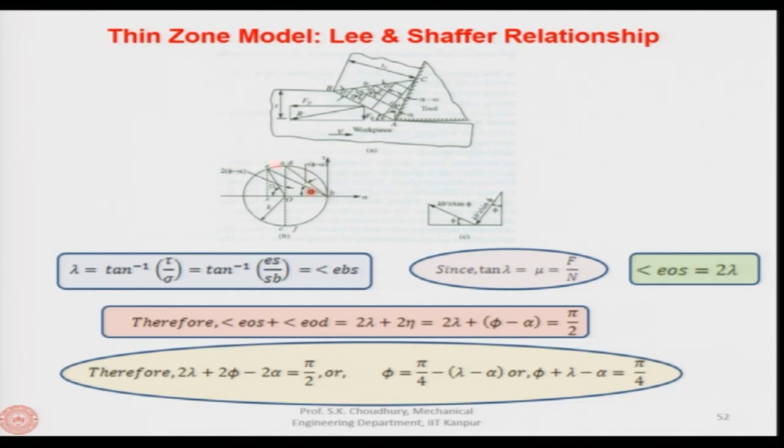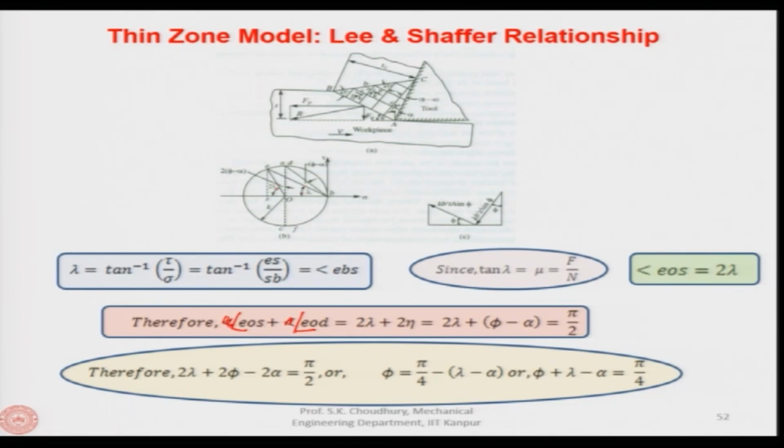From this you can find that this value is equal to ES divided by S into B. This is related to the tan of this angle, and tan of this is equal to mu, which is F by N. Therefore, this angle plus this angle is 2 lambda at the center, because here it is lambda.